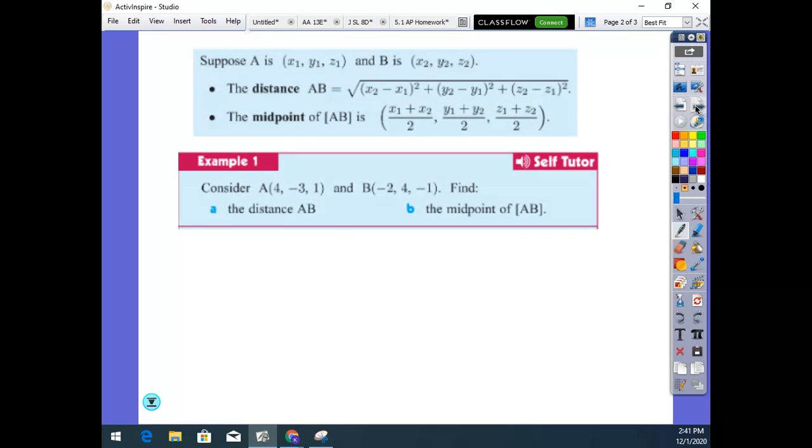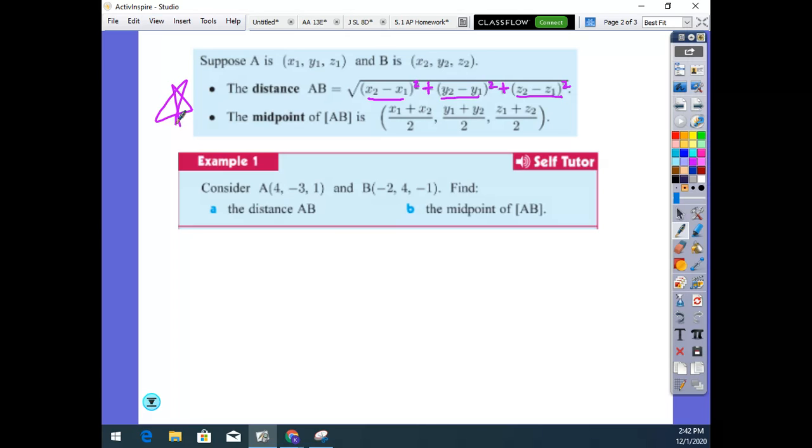Now, if we consider two separate points in space, we're going to find the distance between the x's squared plus the distance between the y's squared plus the distance between the z's squared. These two formulas are both in your formula booklet under geometry. Topic number 3, geometry and trig.